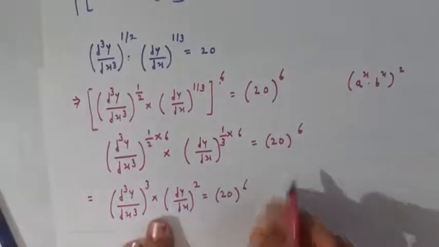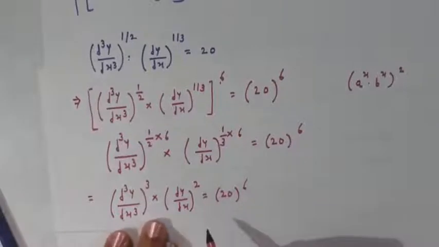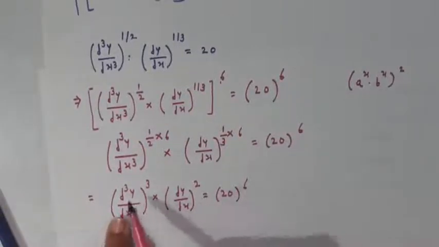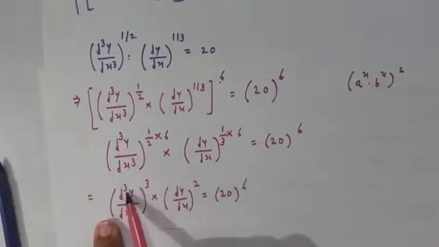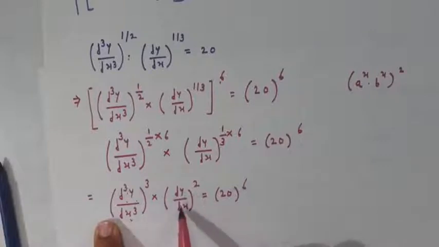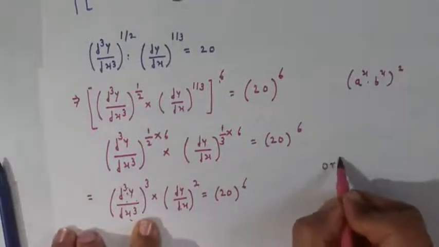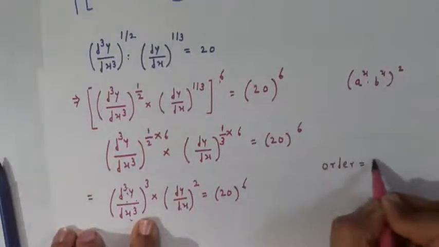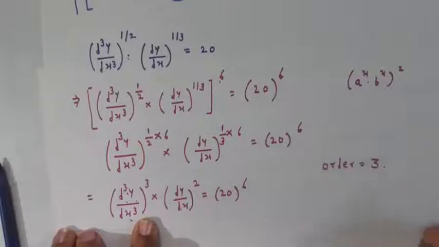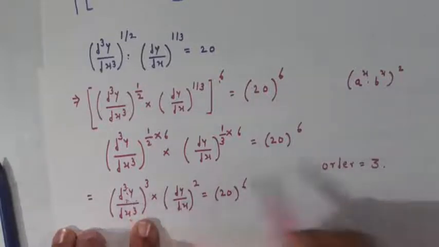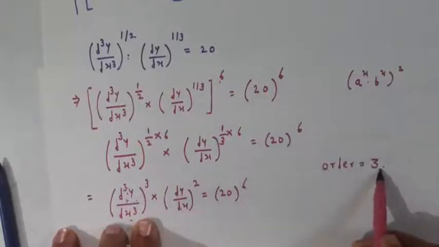Students, if you observe this differential equation, the highest order is 3 because of d^3y/dx^3, and here dy/dx. So the highest order is 3, and therefore the order of the differential equation is 3.